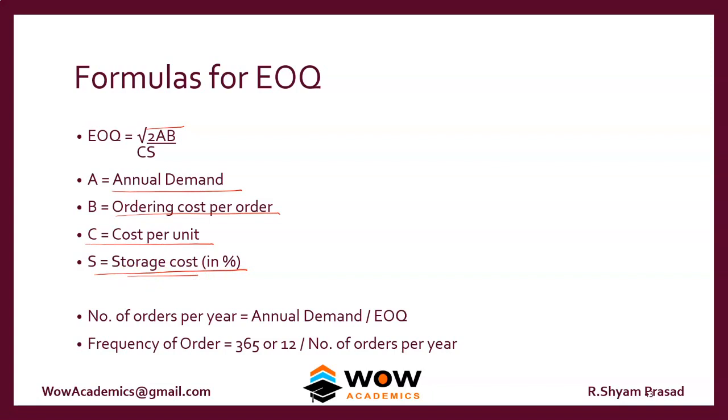We can also find the total number of orders you have to make in a year: annual demand divided by EOQ gives you how many orders you have to make in a year. So what is the frequency of orders? You can find it by dividing 365 or 12 by the number of orders per year. This will tell you the frequency of orders.